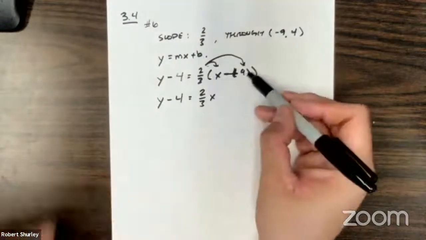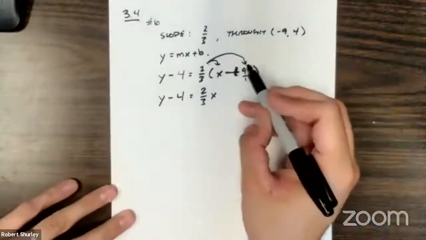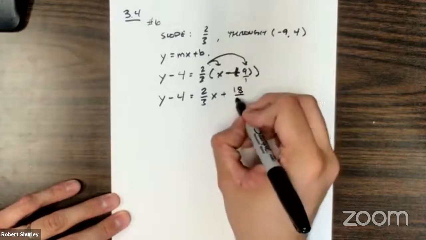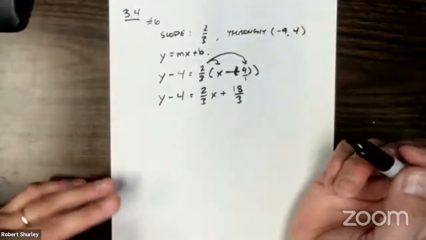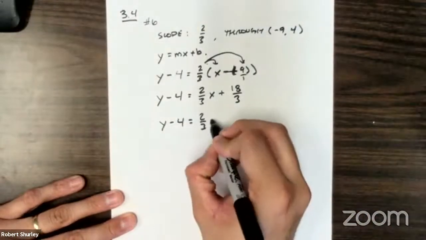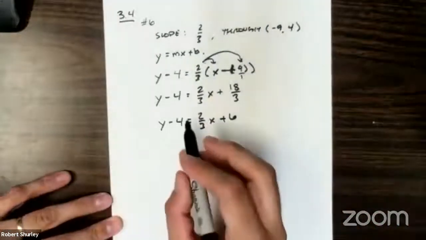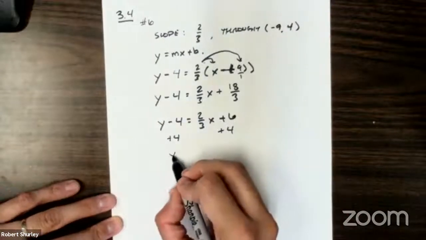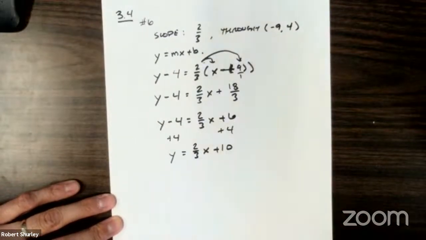Now, 2/3 times 9, remember this is 9/1. 2 times 9 is 18. 3 times 1 is 3. That's actually going to be a nice number. 18 divided by 3 is just 6, right? So we get y minus 4 equals 2/3 x plus 6. And then we've got to move the 4 over to finally get the y by itself. And we get y equals 2/3 x plus 10.